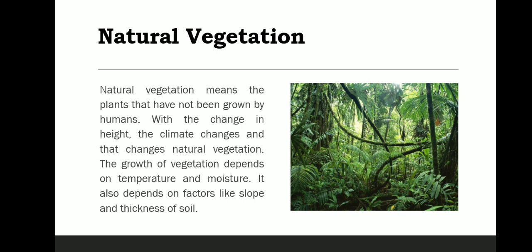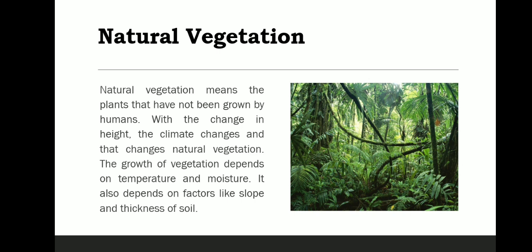On the basis of the availability of water, these forests are further divided into moist and dry deciduous. The former is found in areas receiving rainfall between 200 and 100 cm. So, when we say dry deciduous forests, they are found in areas having rainfall between 100 cm and 70 cm.